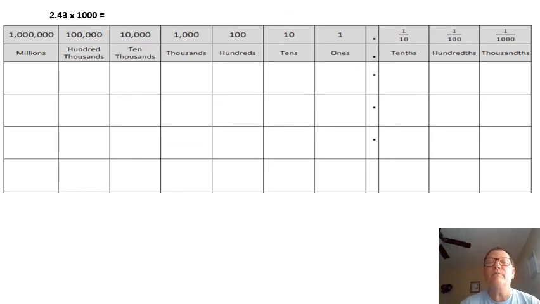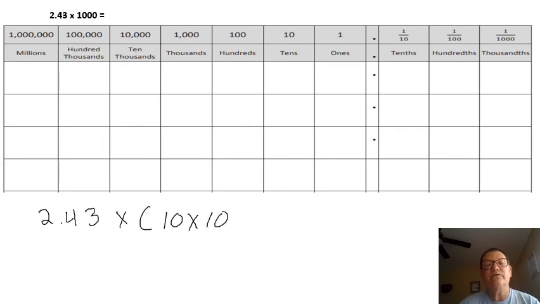Let's do it one more time. Think about it. How many place values is the digit going to move? Well, it's 2 and 43 hundredths times 1,000. And we know that 10 times 10 is 100 times 10 is 1,000. So how many place values is it going to move? 1, 2, 3. And it's going to get larger, so they're going to be going to the left. So let's go ahead and write it in, 243.